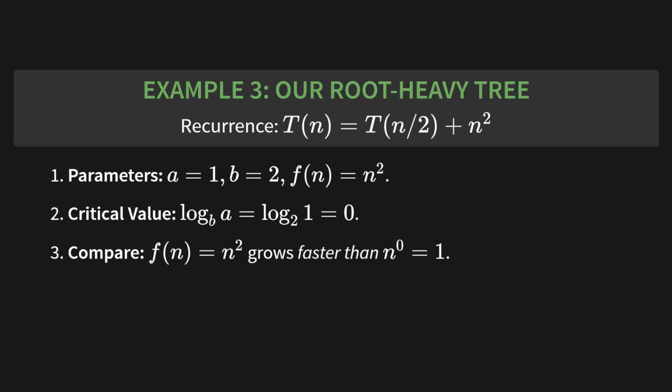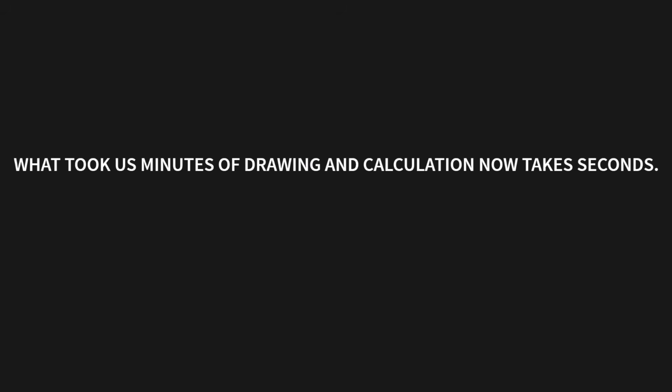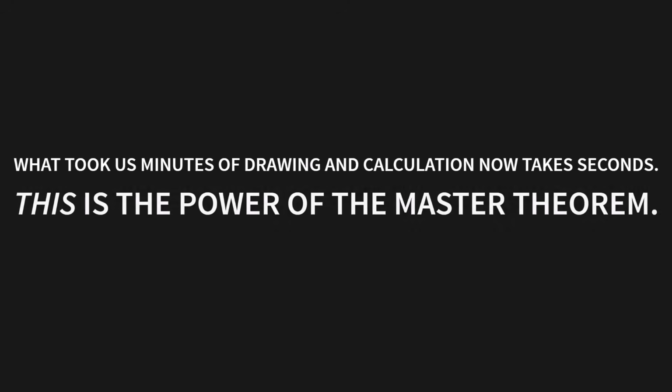Compare. f(n), which is n squared, grows faster than n to the 0, which is just 1. Conclusion? This is case 3. Local work wins. The answer is theta of f(n), which is theta of n squared. What took us minutes of drawing and calculation now takes seconds. This is the power of the master theorem.